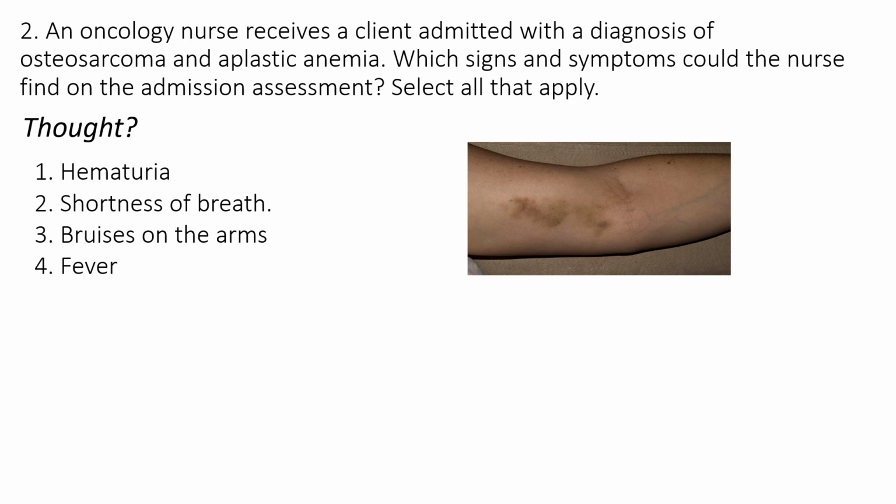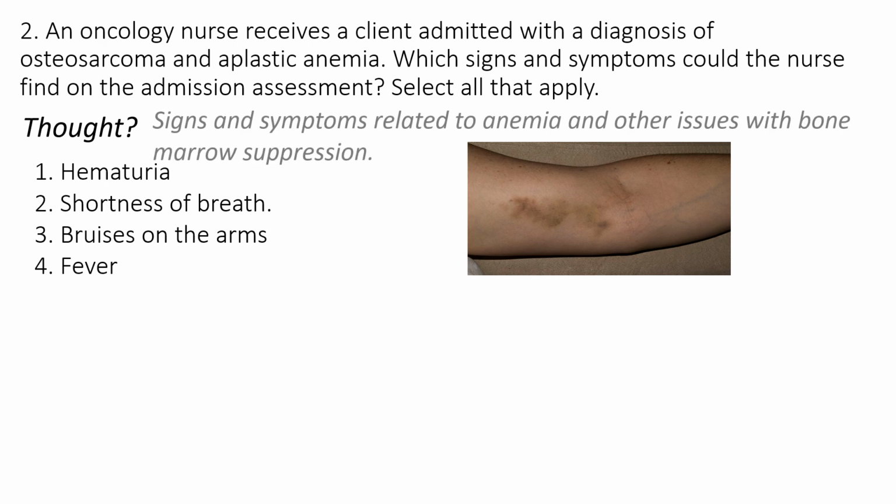So in the question, we are trying to find signs and symptoms that we would see on admission, and this honestly could be for aplastic anemia or osteosarcoma. What we need to remember is the signs and symptoms related to anemia, which could be any general signs and symptoms, as well as other issues related to bone marrow suppression, which would include suppression of any of the 3 cells that are made in the bone marrow: red blood cells, white blood cells, or platelets.